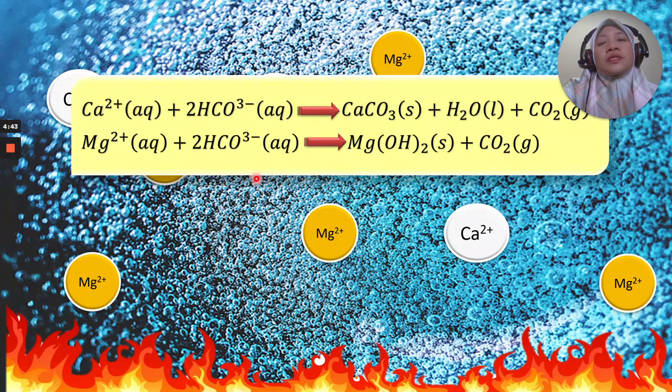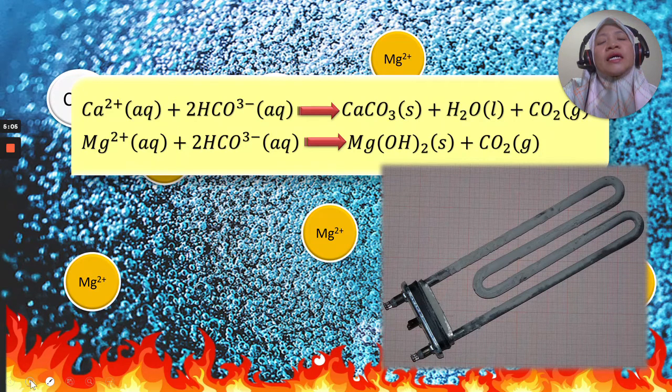So calcium carbonate and magnesium hydroxide are less soluble in water, and are known as scale, or also called lime scale.